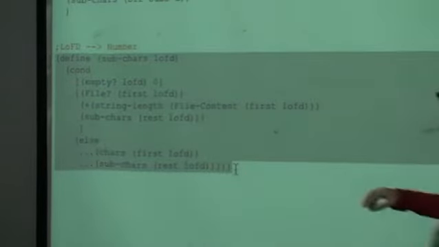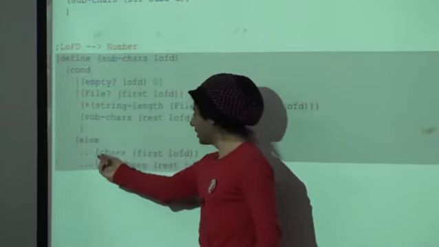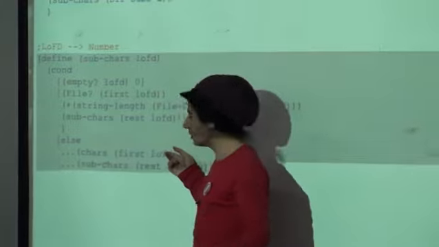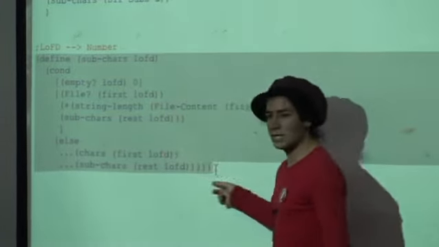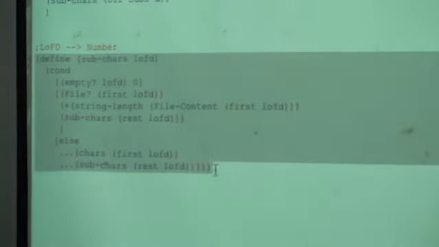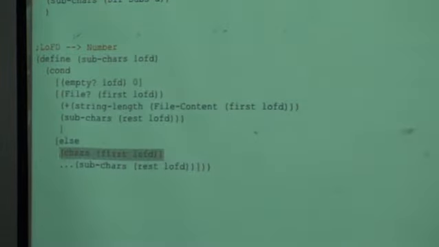Let's look at the things again. I have the first subdirectory, that tells me that I'm going to find the length of the characters under the subdirectory, for everything underneath. And this tells that it's going to take care of the rest of the list. What are we left to do? Just sum them up.